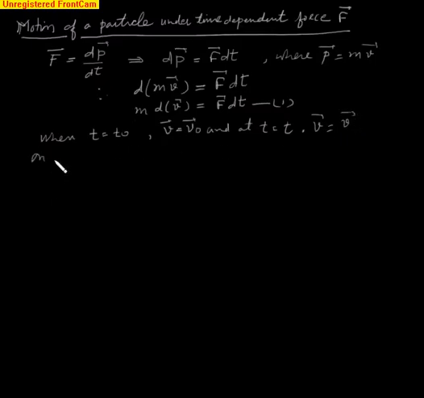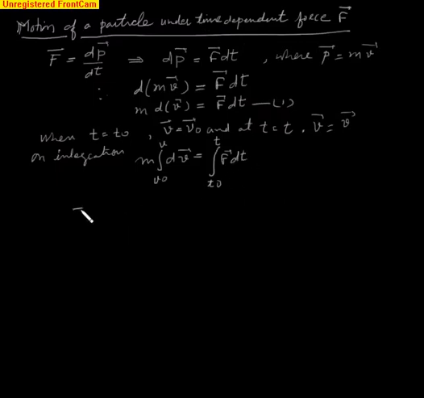On integration of equation number 1, we can write m times the integration of dv from v naught to v equal to the integration of F dt from t naught to t. Now mind this, that force cannot be written outside the integration because it is time dependent.